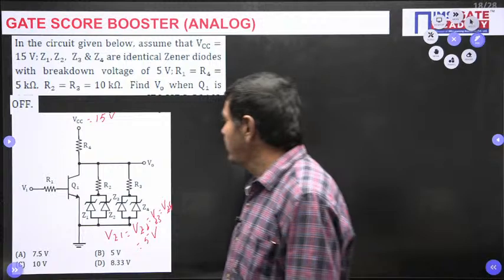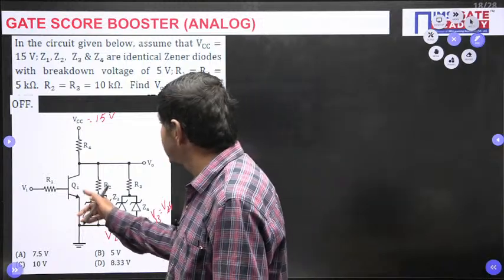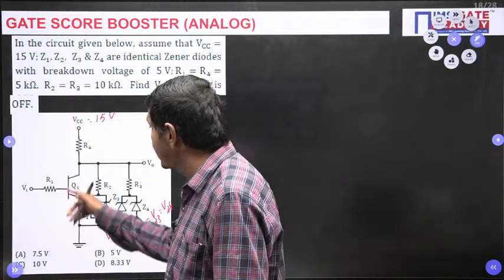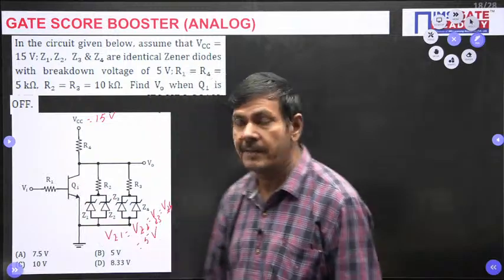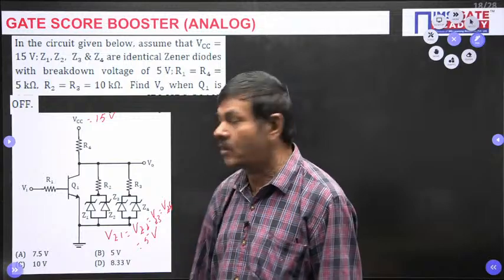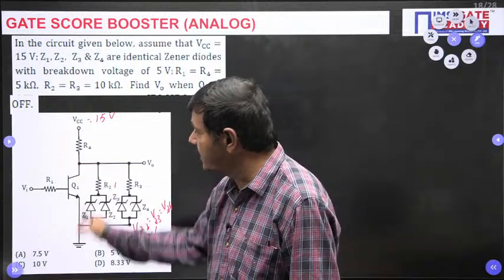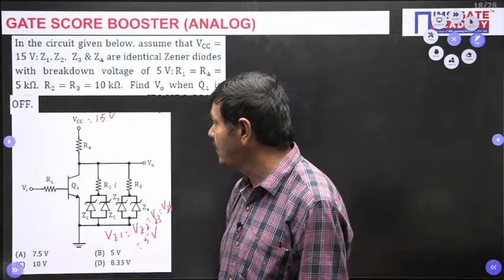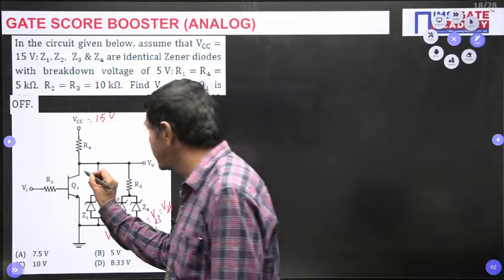But in this problem, when the transistor Q1 is off, what is going to happen? There is no current across this Q1. It doesn't flow any current, because the collector current becomes 0.